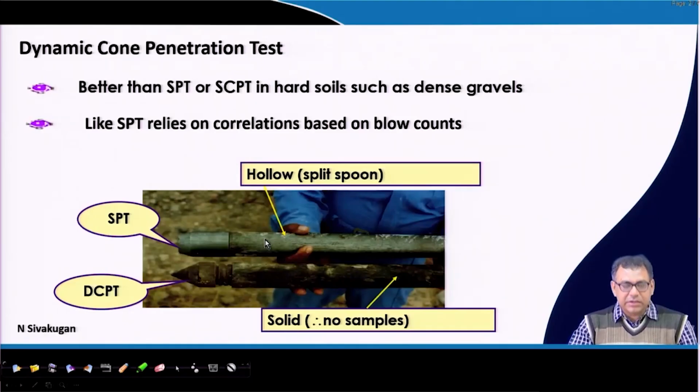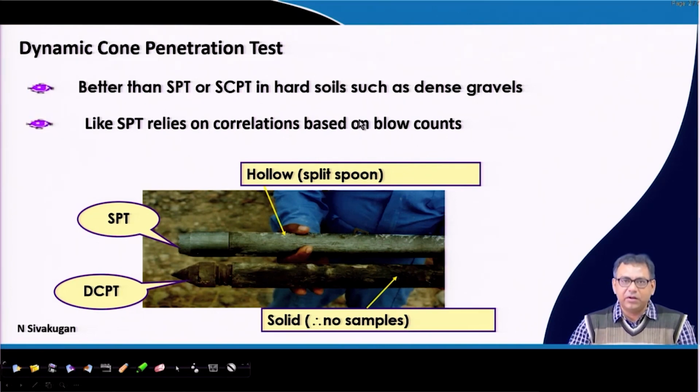The major difference, as I mentioned, is that in the SPT we can collect the soil sample because we use the split spoon sampler, but in the DCPT we use the cone, so we cannot collect the soil sample. This DCPT is better than SPT and the static cone penetration test in hard soil such as dense gravels.